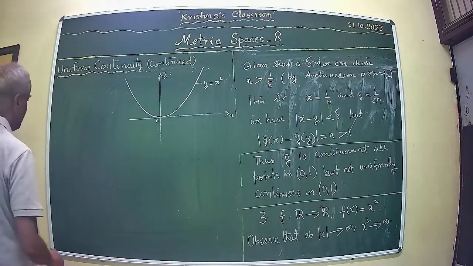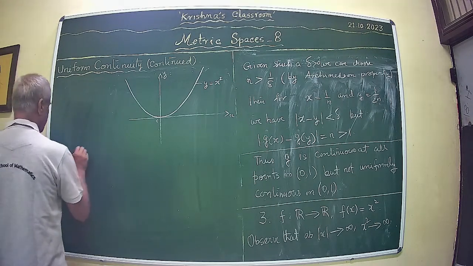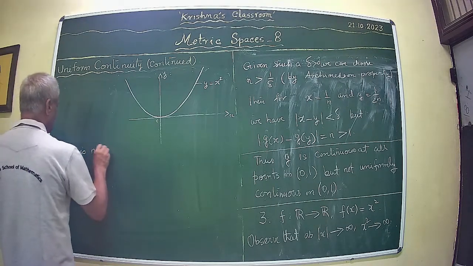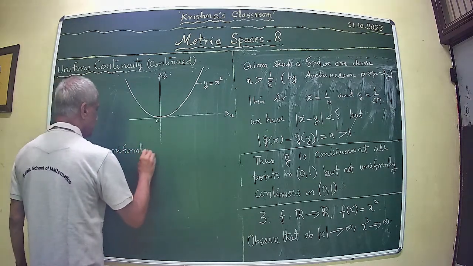Now we make two observations. One, f is not uniformly continuous.